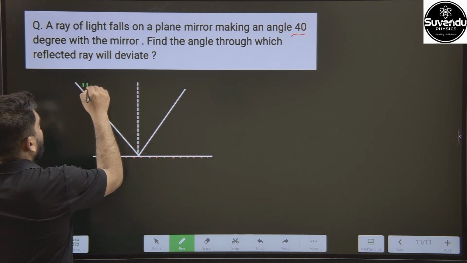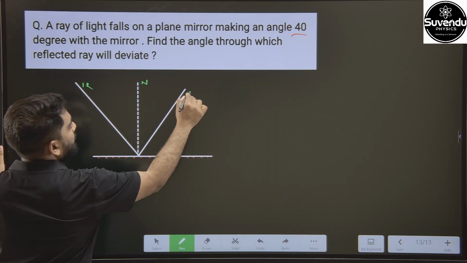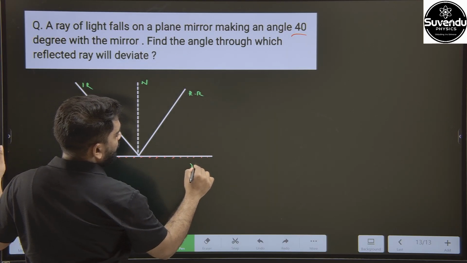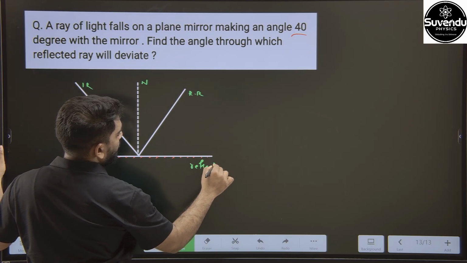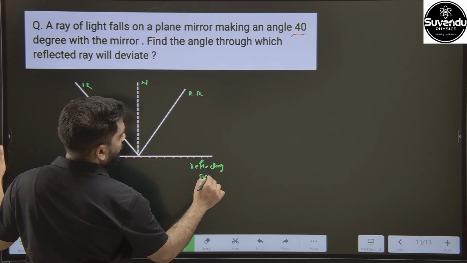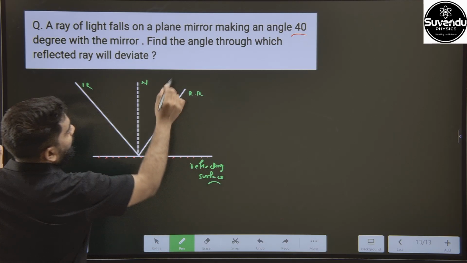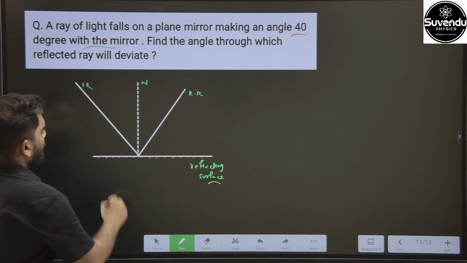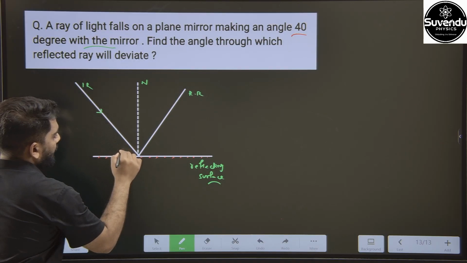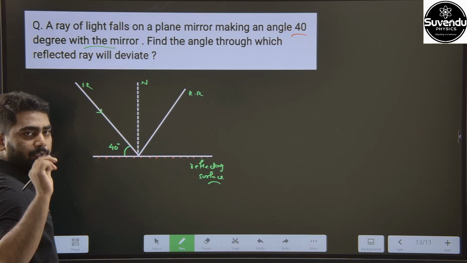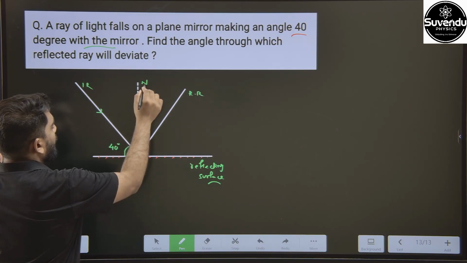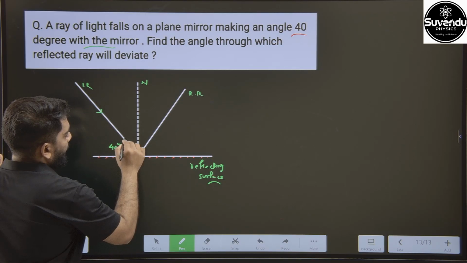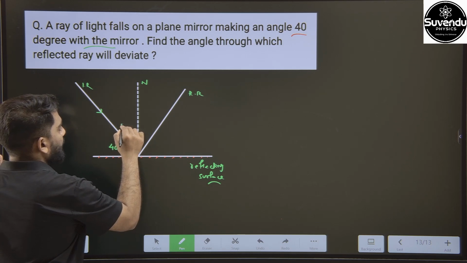So this is the incident ray, this is normal, and this is the reflected ray, and this one is the reflecting surface. So according to the question, which angle is 40 degree? Ray of light makes an angle 40 degree with the mirror. With the mirror means this is the incident ray, with the mirror it makes an angle 40 degree. But this is not the angle of incidence. Angle of incidence means the angle between normal and incident ray. So this will be 90 minus 40, that means 50 degree.